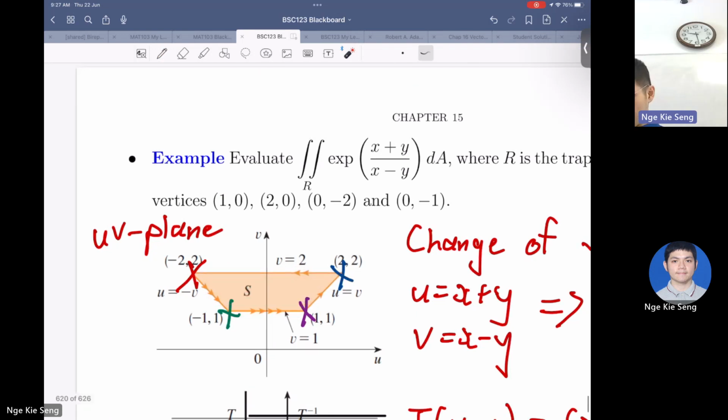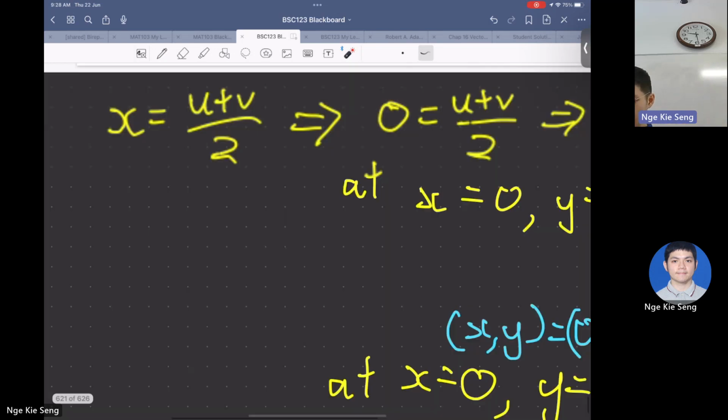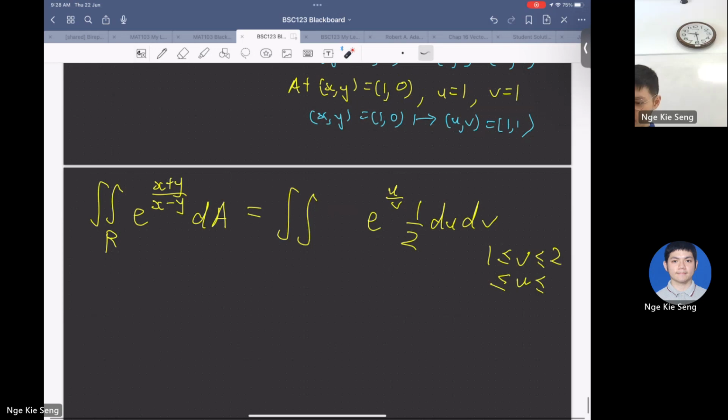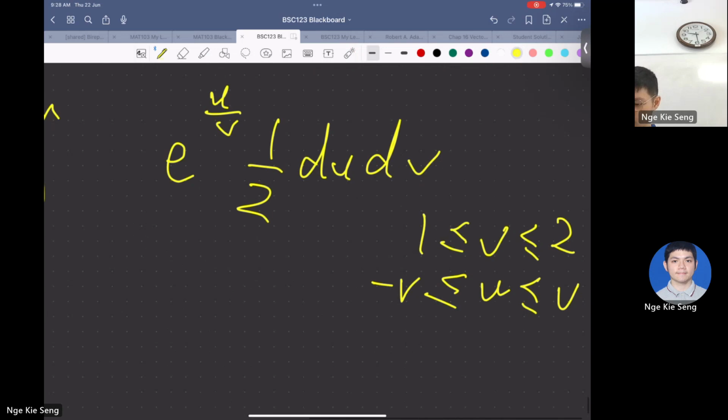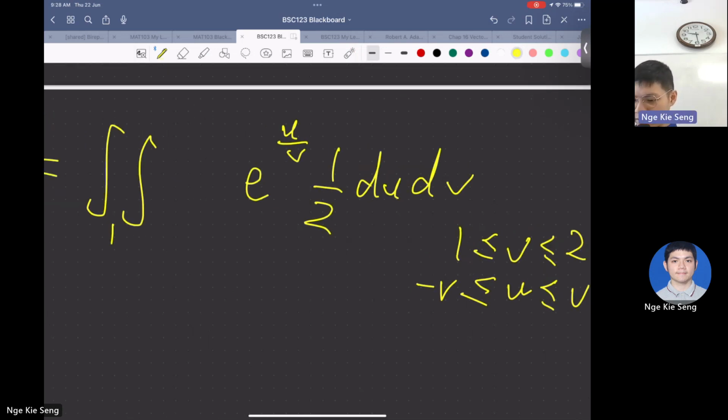You can see that when my v goes from the top to bottom, my u gets smaller and smaller. So how do I control the u in this case? Bounded below by negative v, bounded above by v. So here we got 1 to 2, minus v to v of the whole thing. Okay, good.